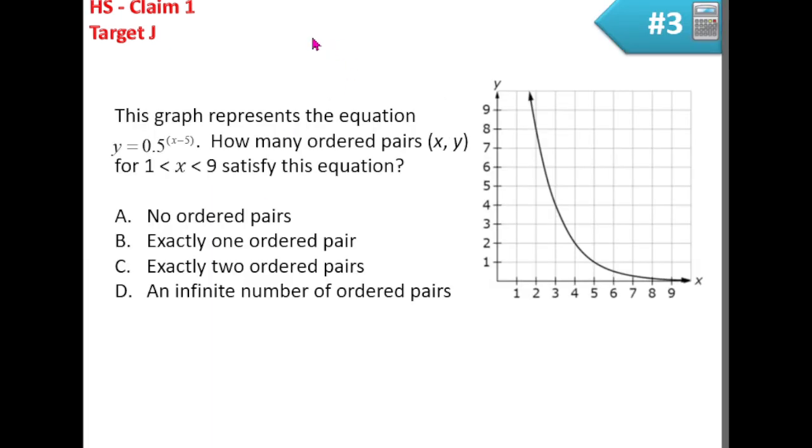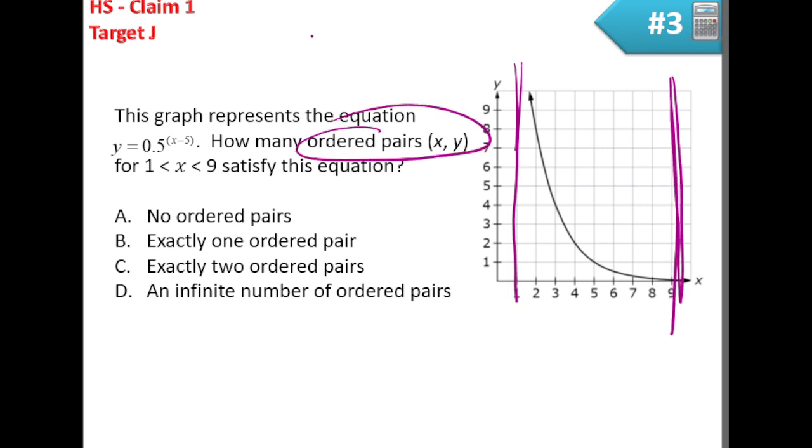Next, this graph represents the equation. How many ordered pairs x, y are there for x from 1 to 9? So this is an ordered pair over here, which is around 2, 9. Here's another ordered pair, here's another one, all the way here.